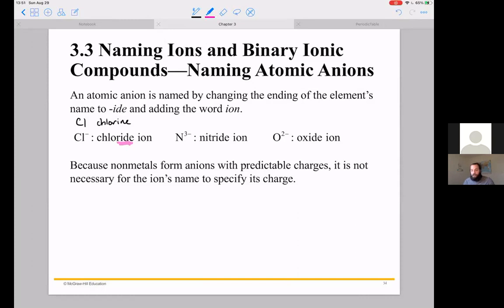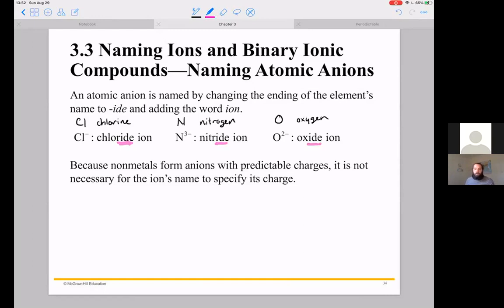Likewise, nitrogen is what we call the element when it's all by itself. When it's in an ion form, the anion is called the nitride ion. Oxygen, when that becomes an ion, it's the oxide ion.